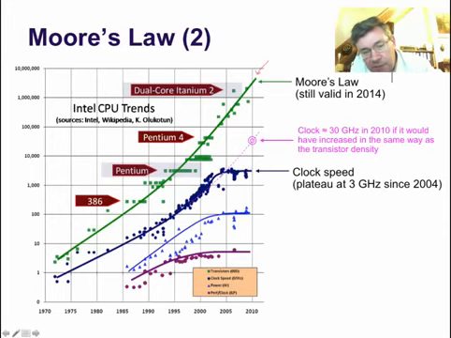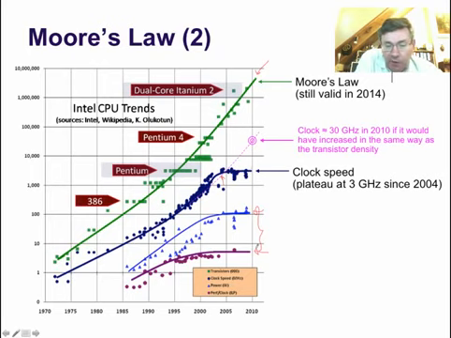Notice that this line has leveled off around 2004 at around 3 gigahertz. If it had increased, it would have been 30 gigahertz in 2010, but it's clearly not. It's still around 3 in 2014, and probably will stay until we go into another technology. There are two other curves here, power consumption in watts and performance per clock cycle. These have also kind of leveled off. But the main one here, the circuit density, is still increasing.